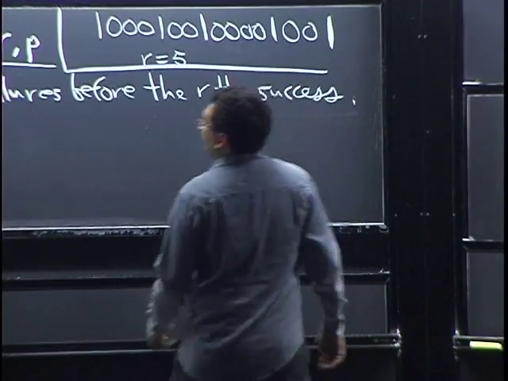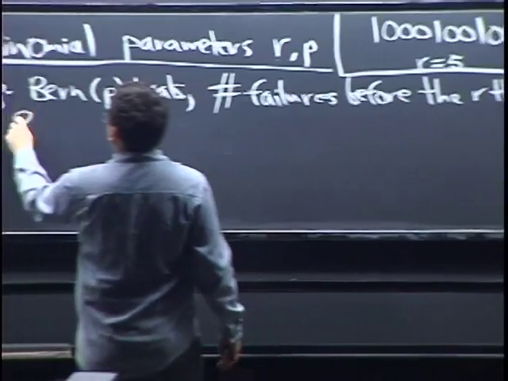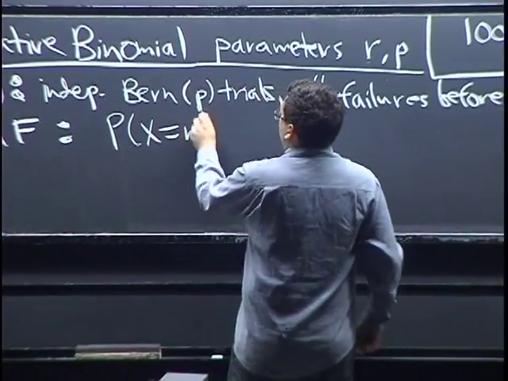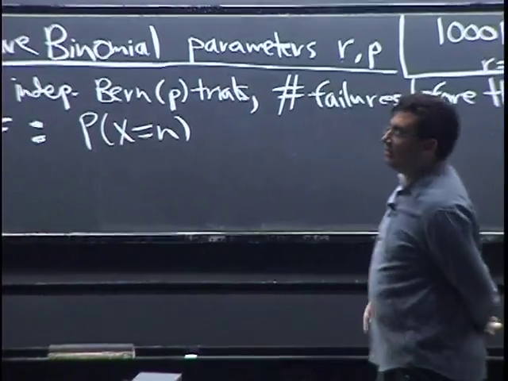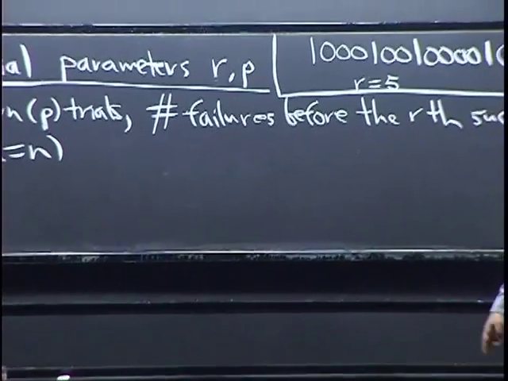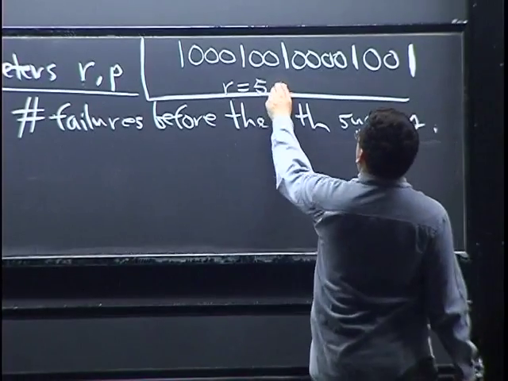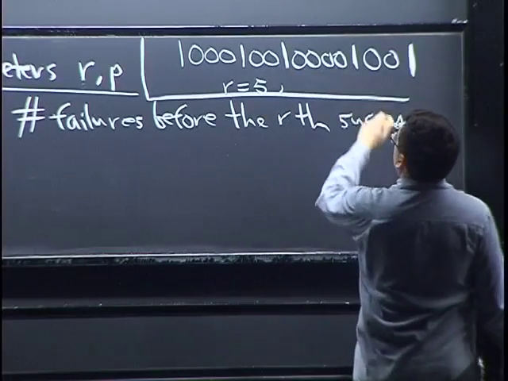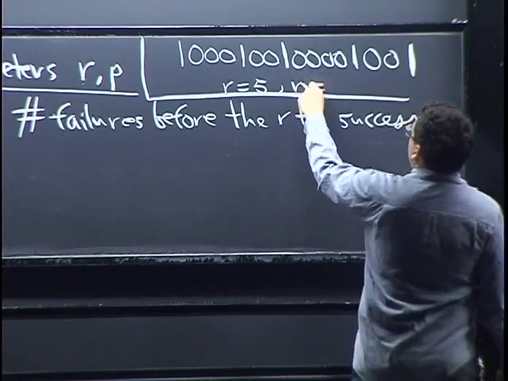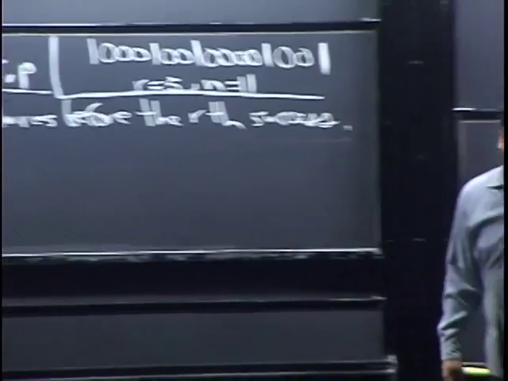So we want the probability that X equals n, let's say, if X is negative binomial. X equals n would mean that there are 11 failures, right? So n equals 11 in this example. Okay, and p is whatever it is. We don't have to worry about p right now.